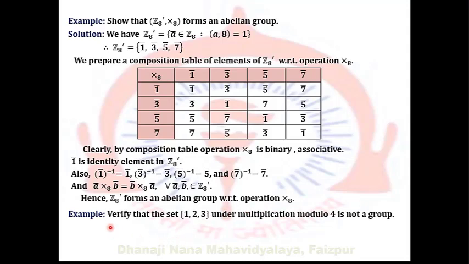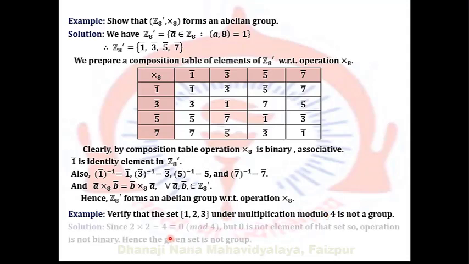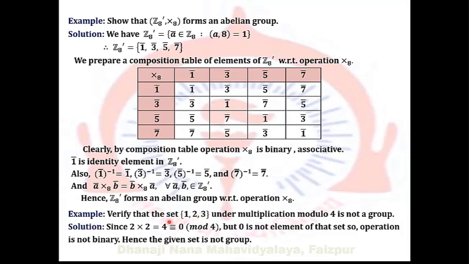Now next example: verify that the set containing 1, 2, 3 under multiplication modulo 4 is not a group. So we have to show this set 1, 2, 3 is not a group with respect to the operation multiplication modulo 4. Solution: 2 is an element of this set and 2 into 2 is equal to 4, but 4 is congruent to 0 modulo 4.